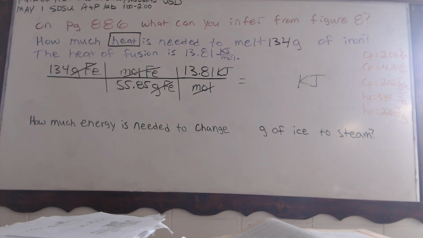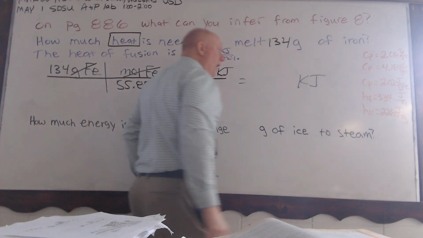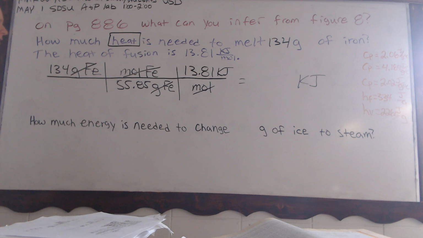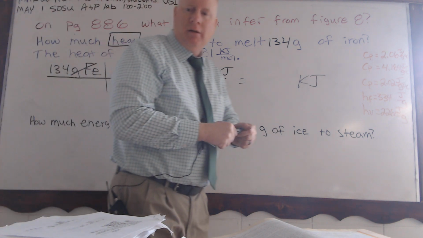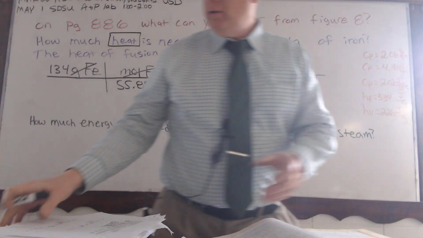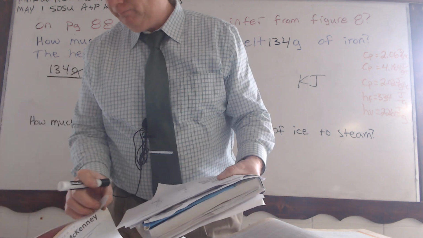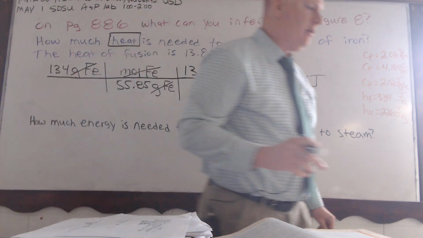So can you use a different type of formula? Probably not for these, but you can for this one, and that's what all these variables are for over here, and I'll explain that in just a moment. So once you take 134 times... I don't want that calculator.